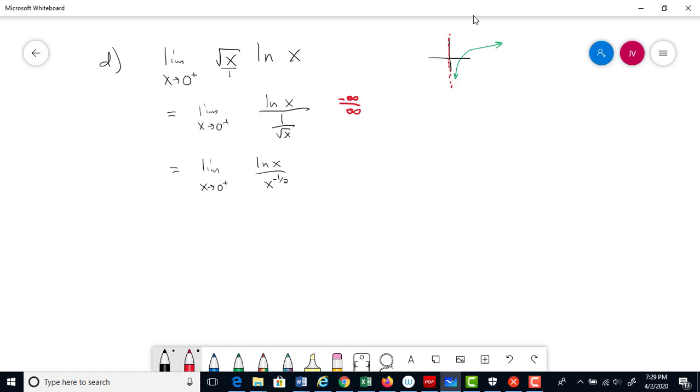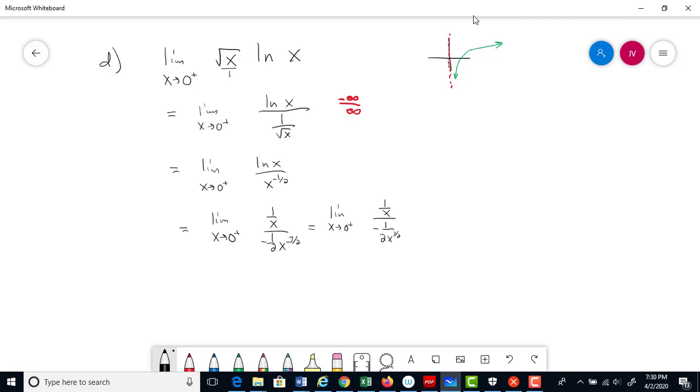So I have an infinity over infinity. I'm not really concerned about the sign. That means I can do L'Hopital's rule. The derivative of the top is 1 over x, and the derivative of the bottom is minus 1/2 x to the minus 3/2. Before we do anything, I'm going to clean this up. So this is the limit as x goes to 0 from the positive side of 1 over x, over minus 1 all over 2x to the 3/2.